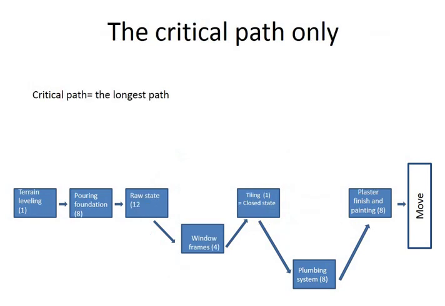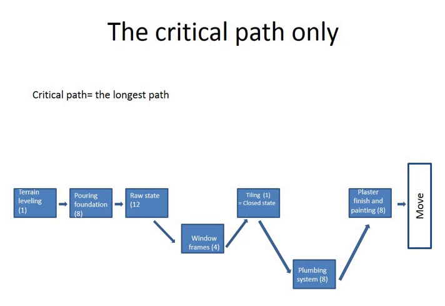This one is the longest. So this is also the critical path, which means that the total project is going to take 1, 9 and so on. You can add everything and you get the total length of the project: 26.